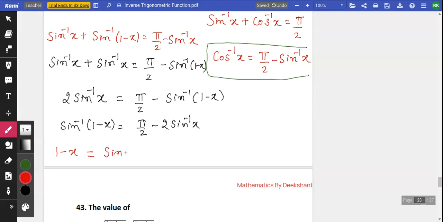Take the sine to the RHS. Sine of (pi by 2 minus 2 sine inverse x).